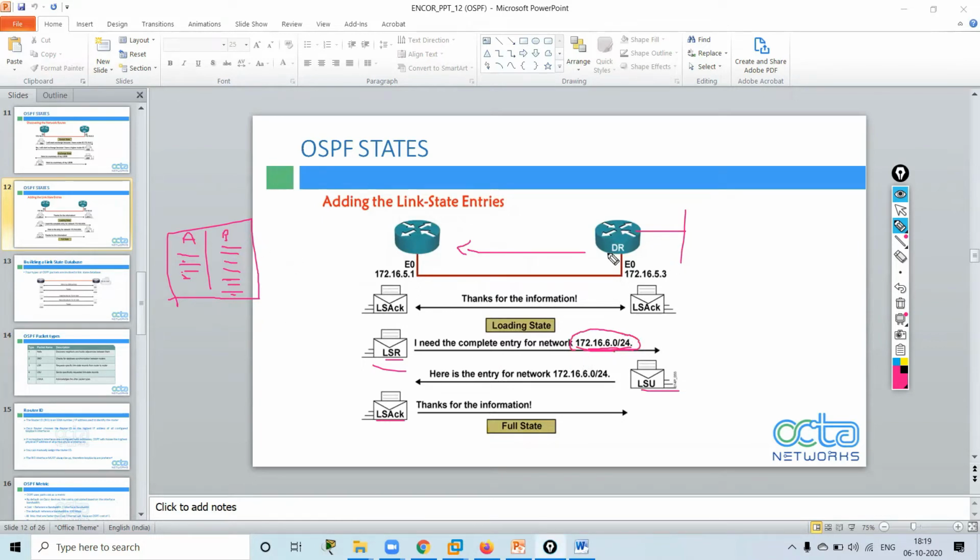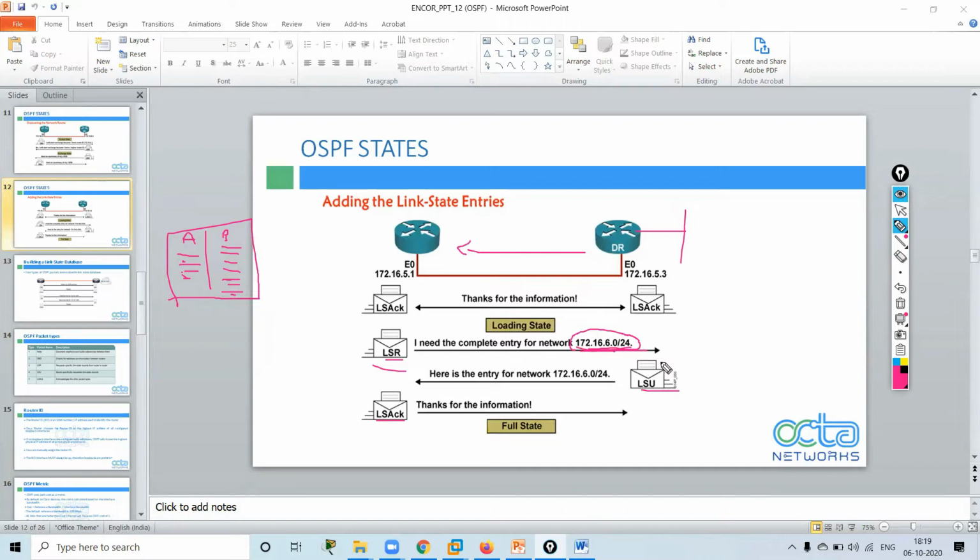So when router B shares the DBD, router A will compare the networks, and if any networks are missing, it will request those missing networks, the entry for the missing network. So in the DBD shared by router B, there was a 172.16 entry, right? Based on that comparison, A came to know it was missing.